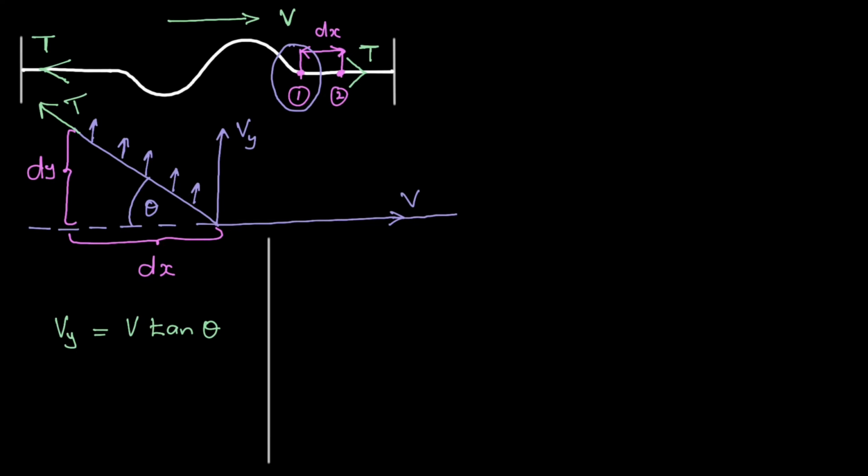Writing the sine of the angle theta as opposite over hypotenuse, we get Fy over T, so Fy will be equal to T sine theta.